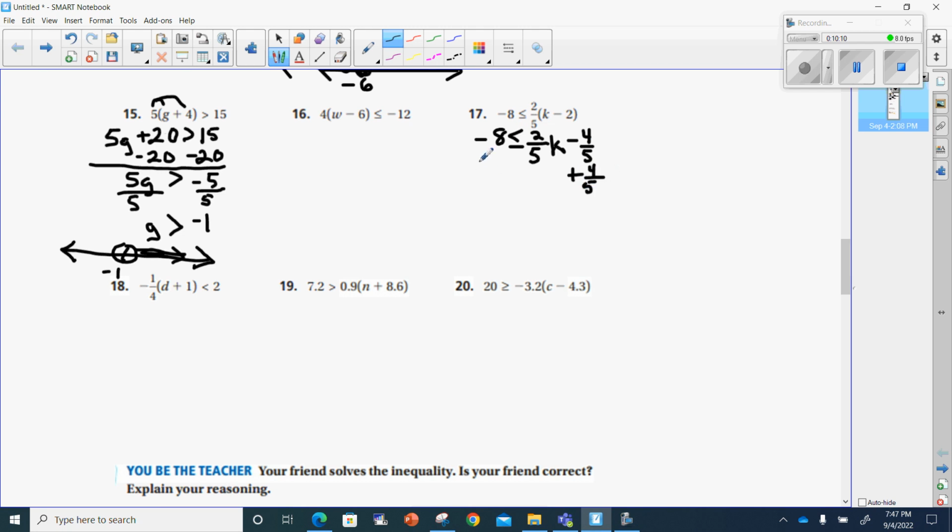Whatever I add to one side, I'll add to the other. And I have -8 plus 4/5. Well, that's going to leave us with a -7 1/5 is going to be less than or equal to 2/5 k.